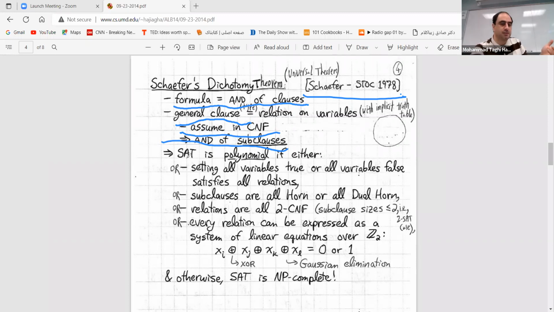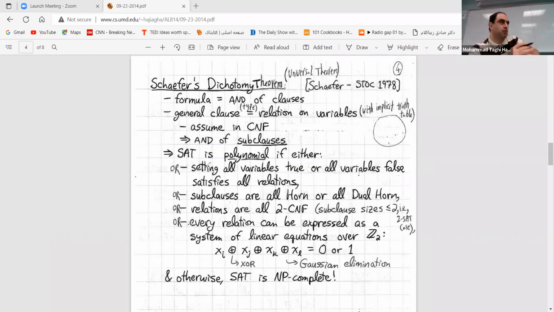This is the thing that he mentions. He said that this satisfiability problem is polynomially solvable if either of these cases happens. What are these cases? In some sense, we have seen them so far. One case is that either setting all variables true or all variables false satisfies all relations.